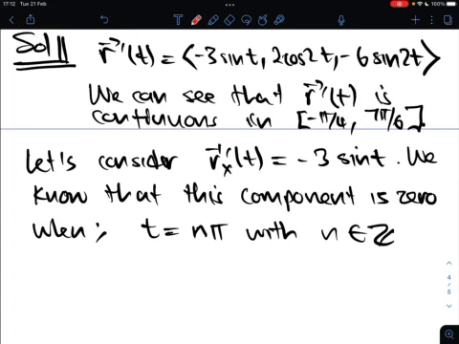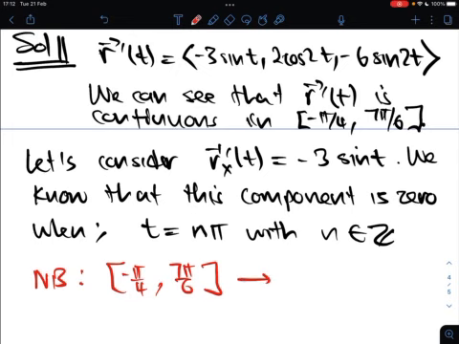This interval, negative pi over 4 to 7 pi over 6, if you convert it to degrees, represents negative 45 degrees to 270 degrees. I write this line in red because you must not show something like this in your calculation. This is just to guide you into making sure you scoop all the t values you require within the given interval.